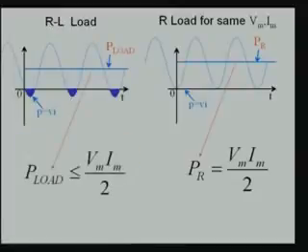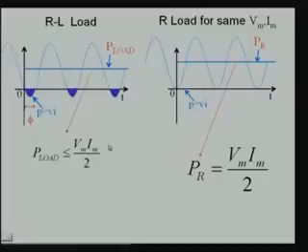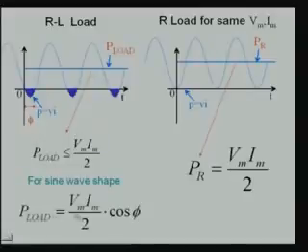So, P load is definitely going to be less than Vm Im by 2. So, for a sine wave shape of phase angle, let us say phi of current with respect to the voltage, this P load will turn out to be Vm Im by 2 cos phi.